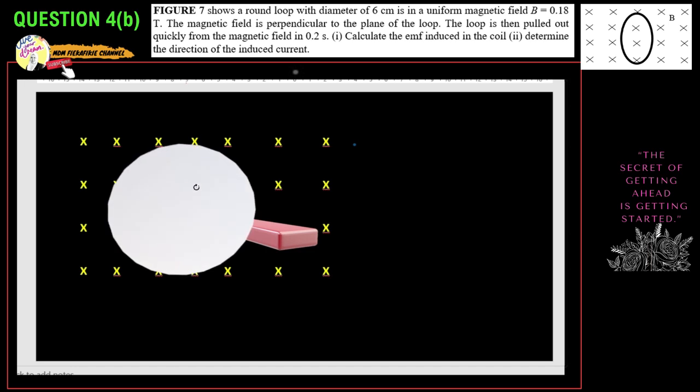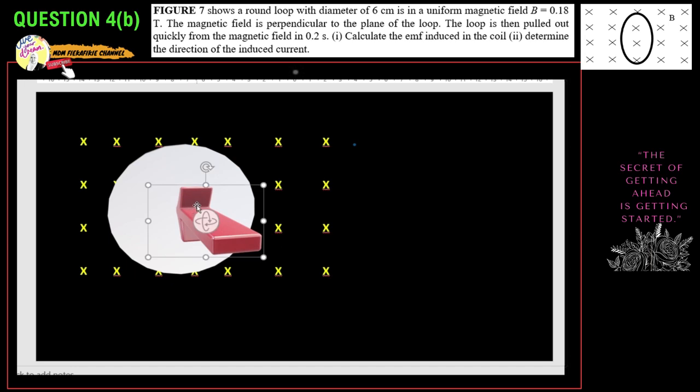I put this arrow to show that the magnetic field is into the page, and it is perpendicular to the coil.